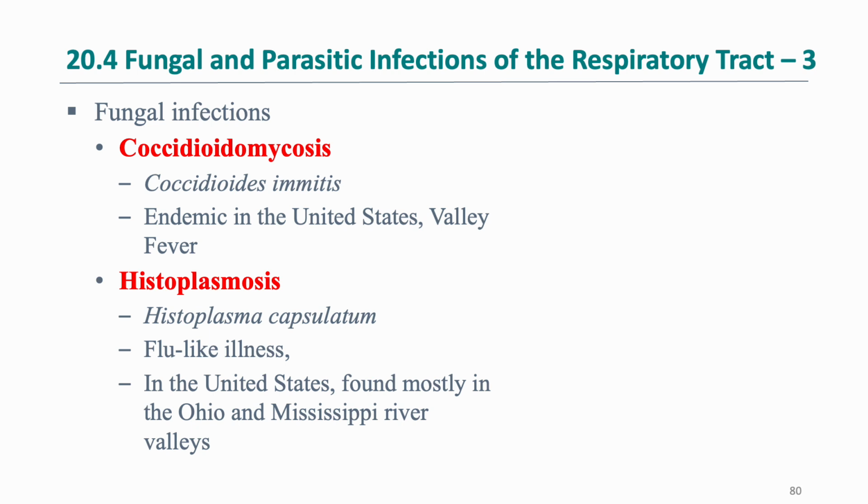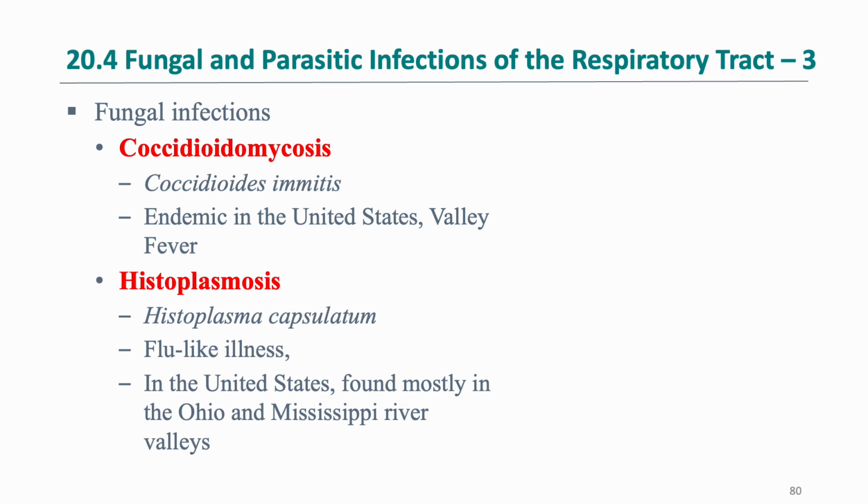The next one is histoplasmosis, caused by Histoplasma capsulatum, which is a dimorphic fungus, meaning it exists in two different forms depending on growth temperature. It lives as a mold with a filamentous form in soil, at about 25 degrees Celsius, and changes its form to a small budding yeast once it enters a human's lung at 37 degrees Celsius.